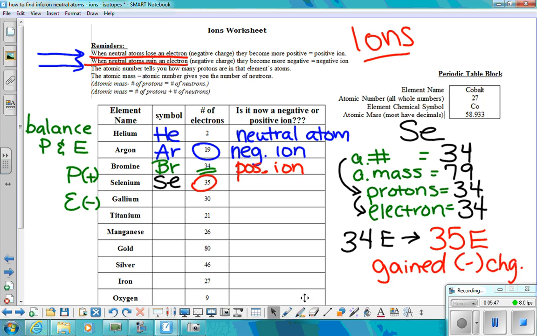So when we talk about that balance, I now have 34 protons, and I now have right here 35 electrons. That means I have more negative charges, so I now have a negative ion. So this one is negative ion.